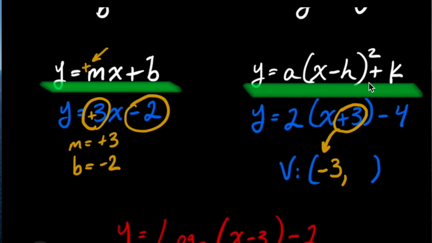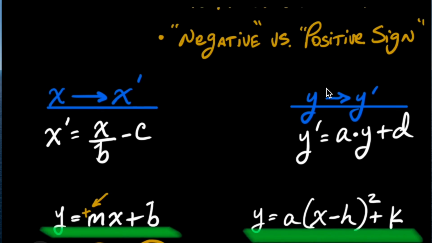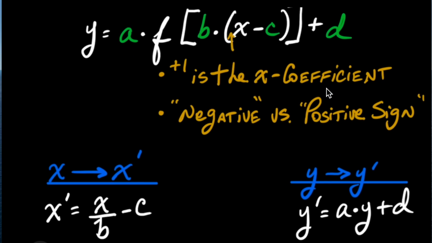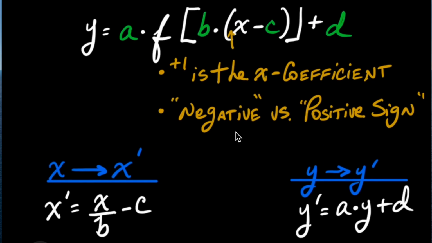Now, for the y value of the vertex, because of that plus sign associated with the k, we are going to take what we see in the real-world equation and we're going to use exactly as is. So when we do these transformations, this is how we're going to get our new x value, indicated by the x prime.